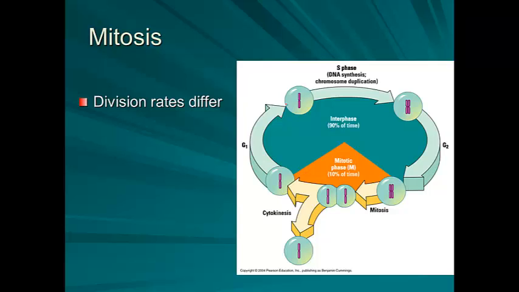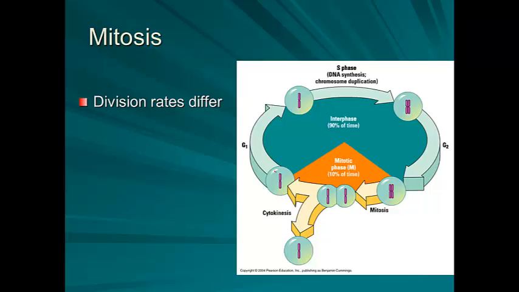Regardless, though, once a cell undergoes the process of division, they all follow the same cell cycle. So this picture is the cell cycle. We're just following a single chromosome. This just represents a diploid cell. So if you're imagining your diploid cell, it would have 46 chromosomes in it.